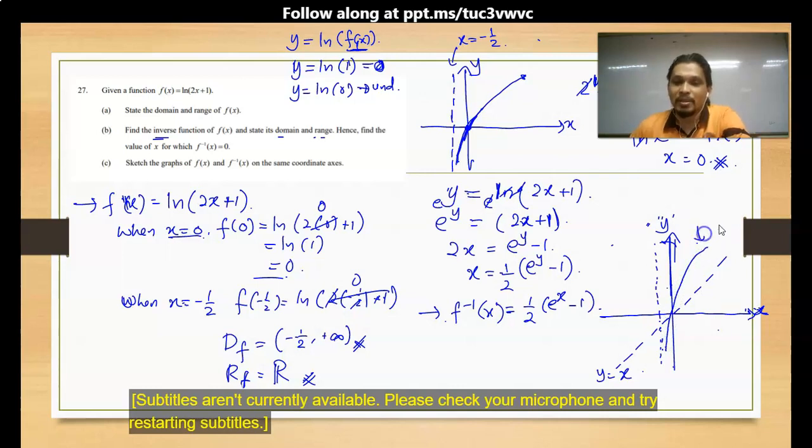So this is the graph of f(x). So its inverse, just imagine that there is also a vertical asymptote, x equals negative 1/2, and this is the horizontal asymptote, which is y equals negative 1/2. So the graph in blue here is f(x).